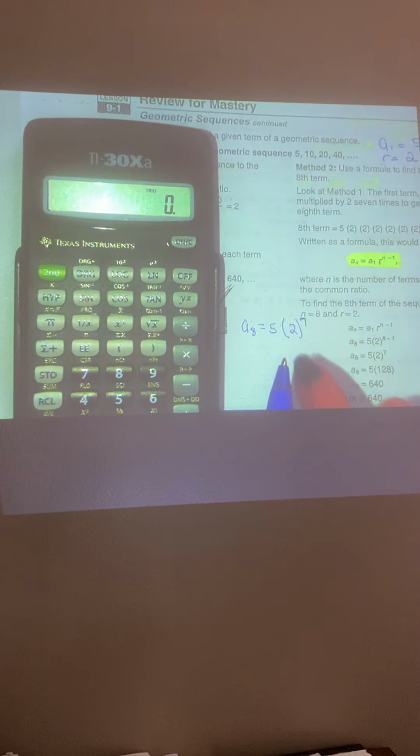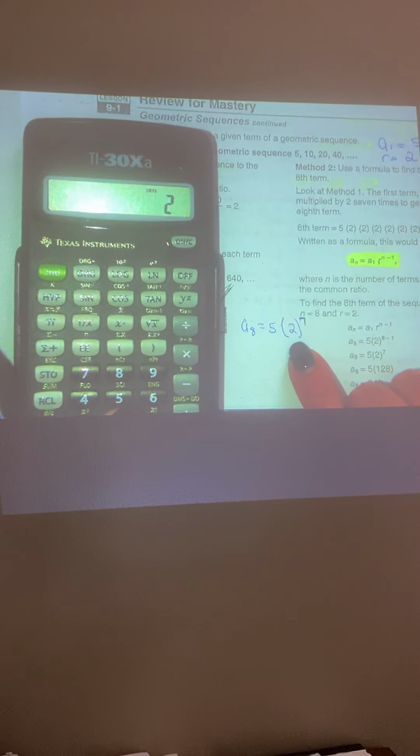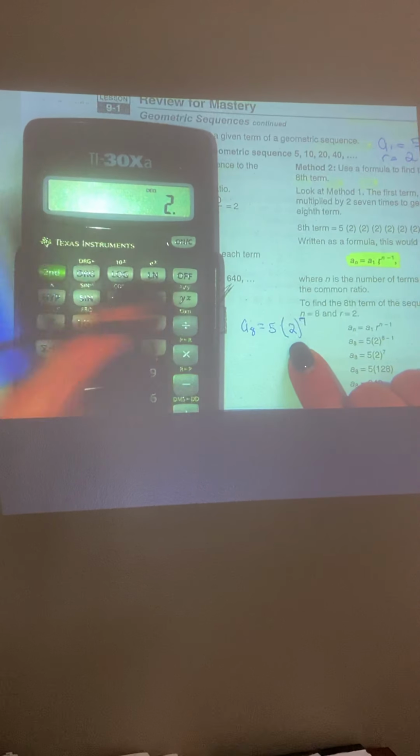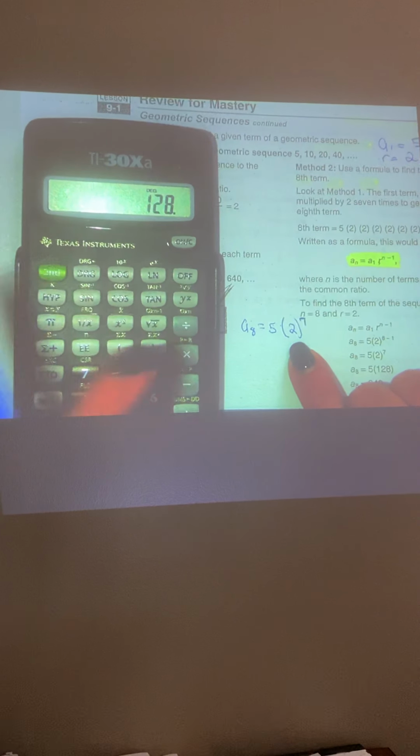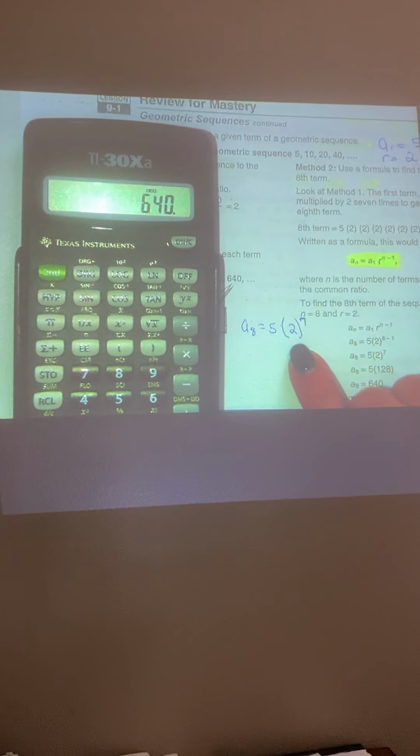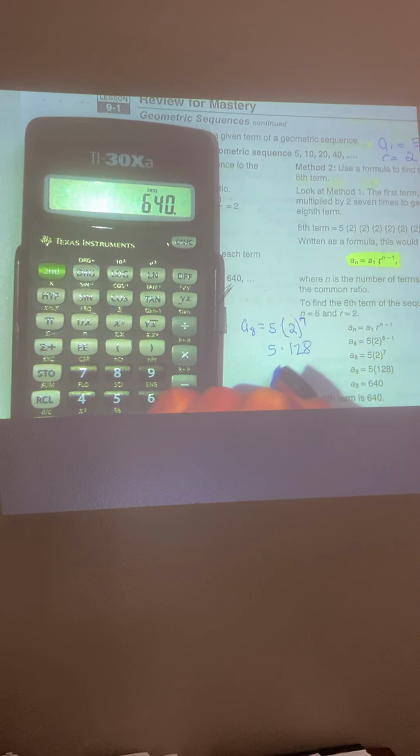Okay, so first thing we do is 2 to the 7. We hit 2, and then see this y to the x right here? Y to the x, 7 equals times 5 equals. Okay, so 2 to the 7 is 128 times 5, and that's how we get 640.